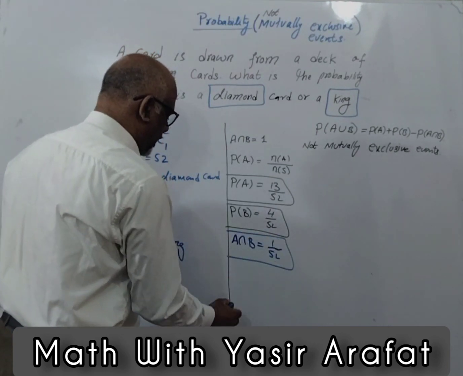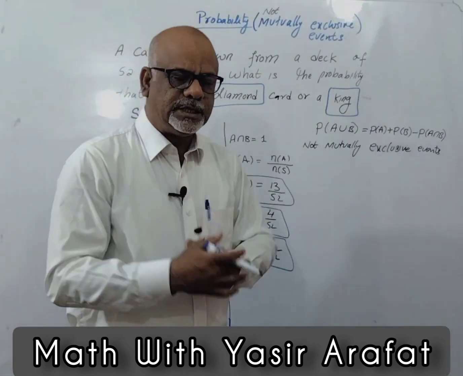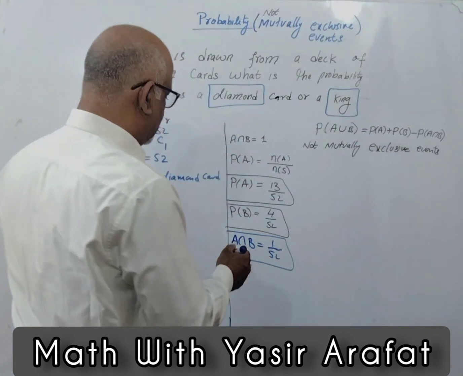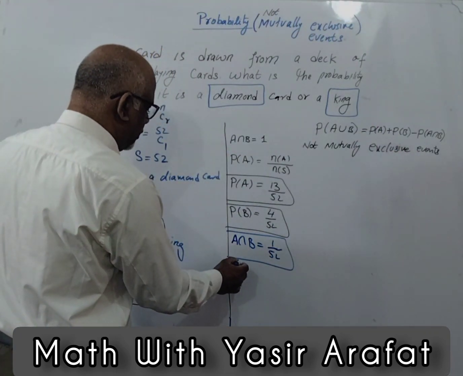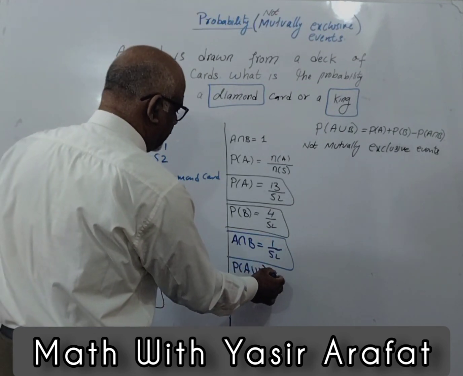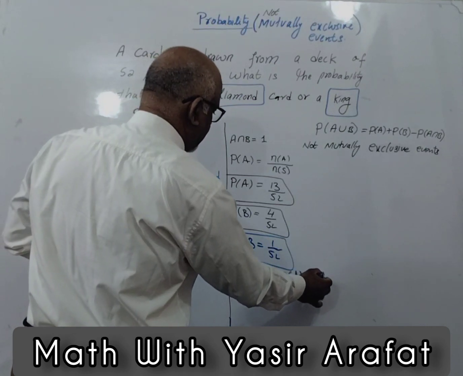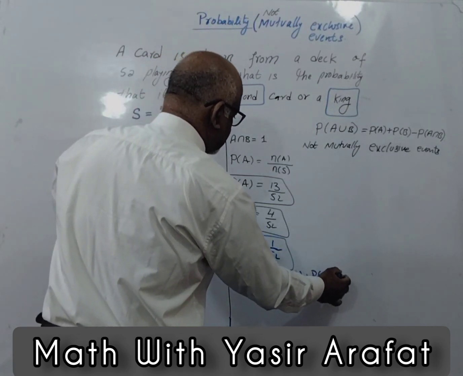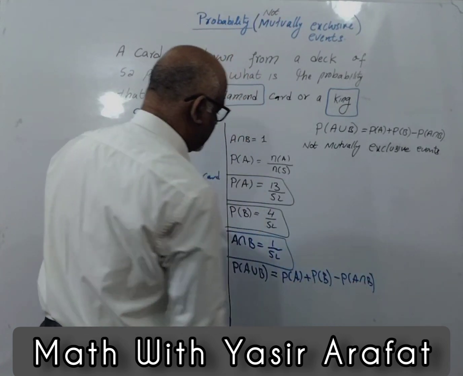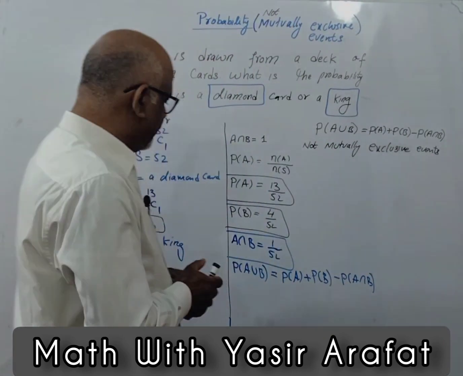Now here we have discussed that A and B are joint sets. That means not mutually exclusive events. So we have the formula in this situation, A union B, that is P of A plus P of B minus P of A intersection B. This is the formula of not mutually exclusive events.